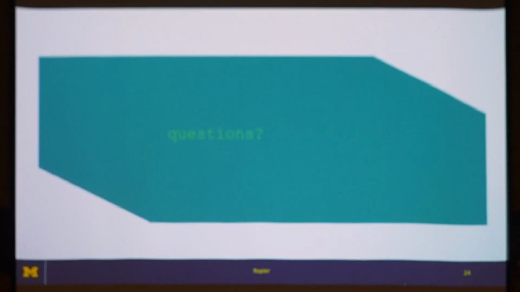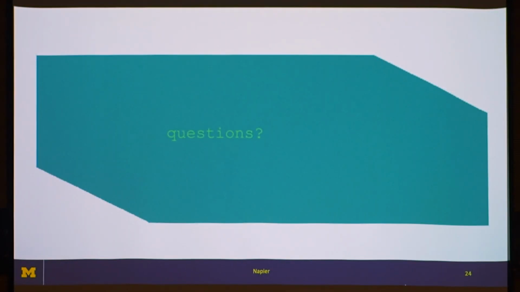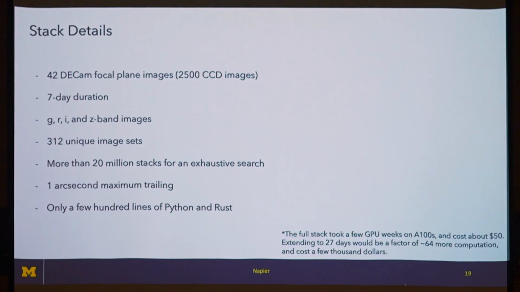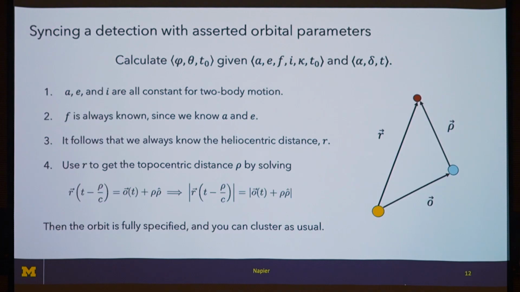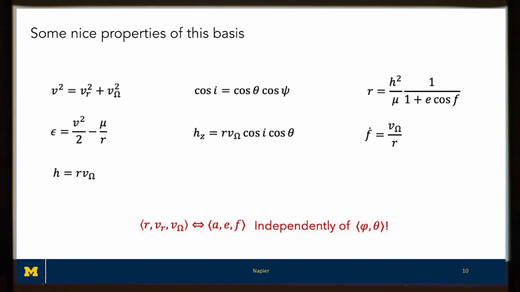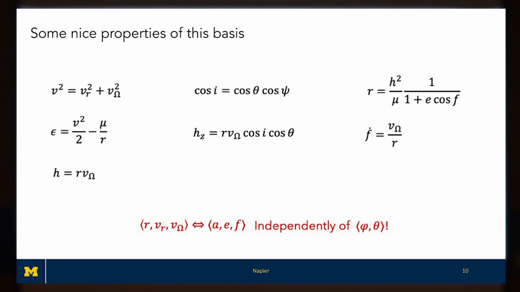Thank you for the talk. It was super cool. I think you said that there was a one-to-one correspondence between a choice of r dot, r double dot, and... A, E, F? No, it's F. F is true anomaly. So r, v_r, v, omega corresponds to a, e, f.